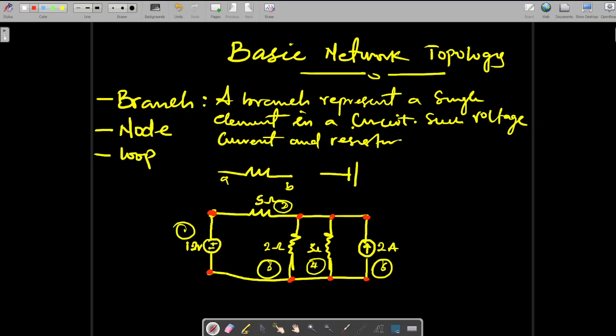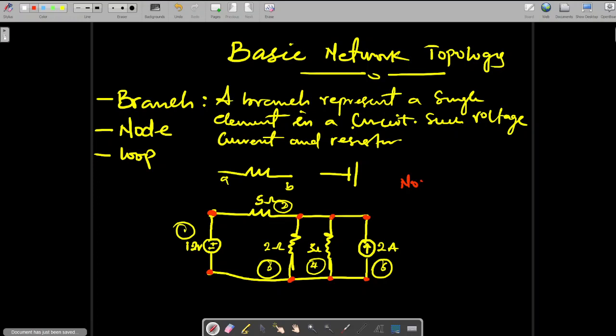Now we move down to the next one, which is node. When you talk about a node, it is the point of connection between 2 or more branches. A point of connection between 2 or more branches is what we refer to as a node.